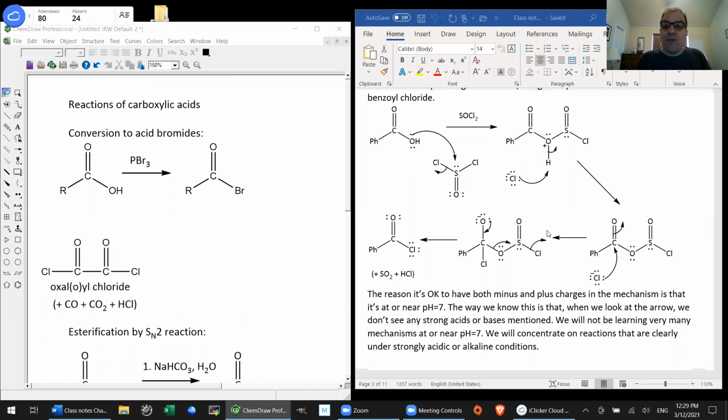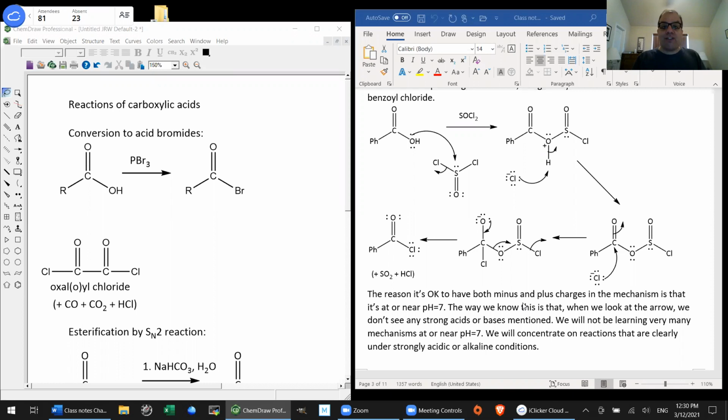I'm sure you're all noticing also that in this mechanism, we have both plus and minus charges. The way that you know you can do that is when you look at what you're given and you don't see any particularly strong acids or bases. That's an indication that you're at or near pH 7, and that's why it's okay to draw the mechanism like that. I don't think we'll run into more than a small handful of these that are run at or near pH 7.